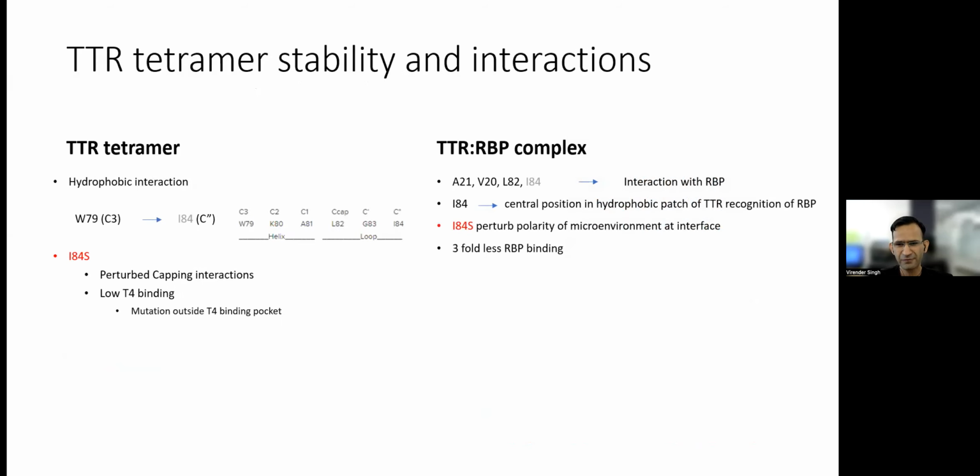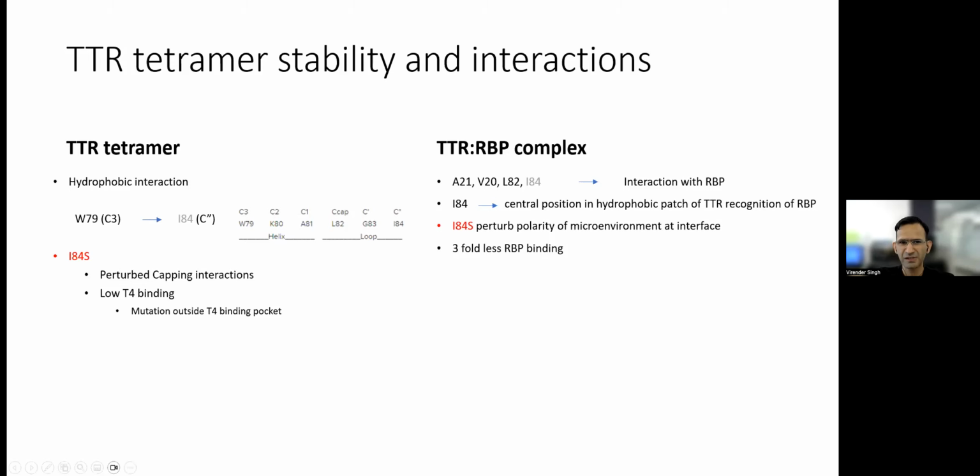The I84S mutation is important because the I84 residue is involved in hydrophobic interactions and stabilizes the loop, which is involved in T4 binding.